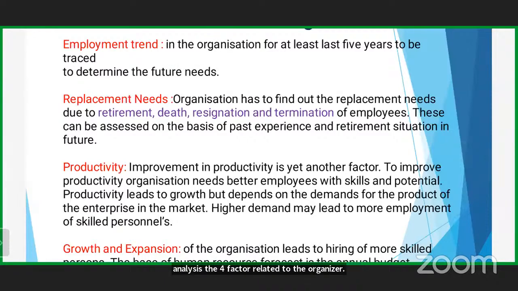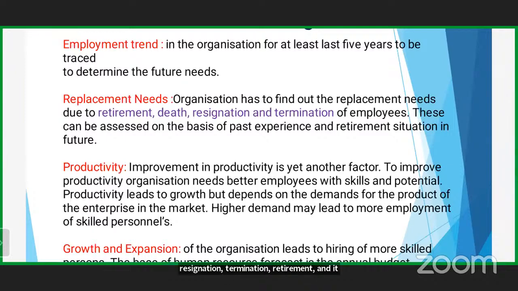We can find out the last 5 years of data related to resignation, termination, retirement, and death.